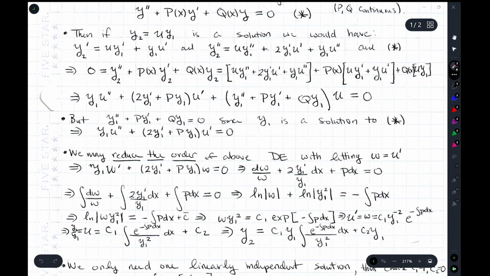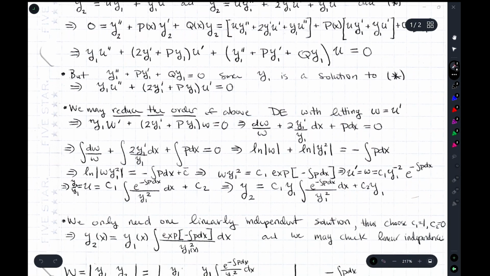This negative just means that you're dividing by y1 squared. And we have this, of course, e to the, this term here is exactly the same. We could write it as exp, or just like that. They're equivalent, just different syntax.